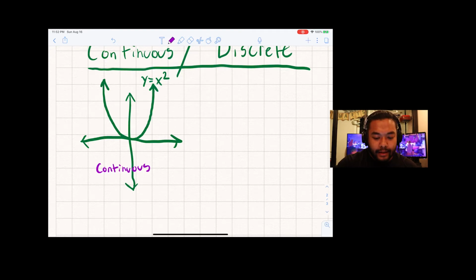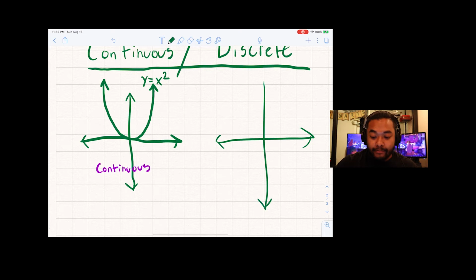So if this is continuous, then that must mean if I took a look at a function that could even hit the exact same point. So let's say it hits the major points that we can find on y equals x squared, like 0, 2, 4, and it looks a whole lot like our quadratic function.